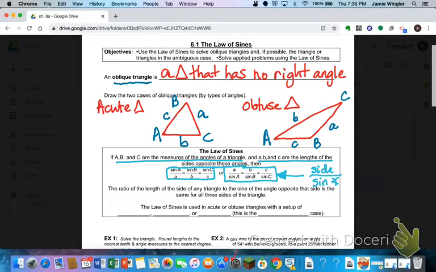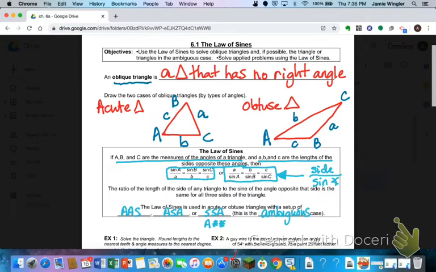The law of sines is used when you have an angle-angle-side setup, an angle-side-angle setup, or a side-side-angle setup. A side-side-angle setup, if you remember from geometry, meant you could not prove those triangles were congruent, because this produces what we call the ambiguous case.